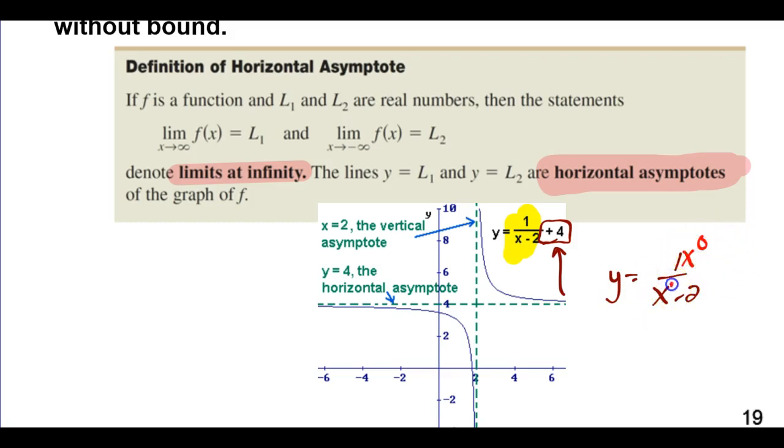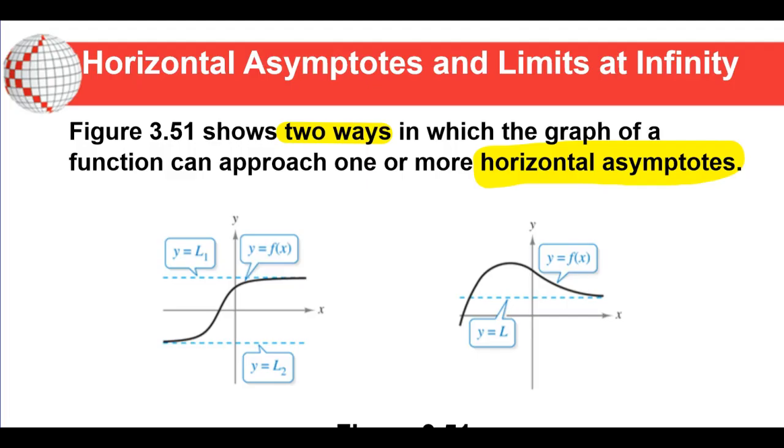There's no x's up top. The degree of the denominator is 1. I haven't given the rule yet, but if the numerator degree is less than the denominator, it's y equals 0. But because they say +4, it starts at 0, and then I shove that up 4 units. So be careful for those types of scenarios.